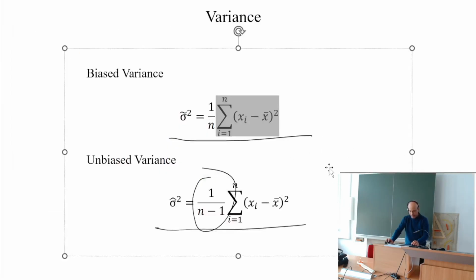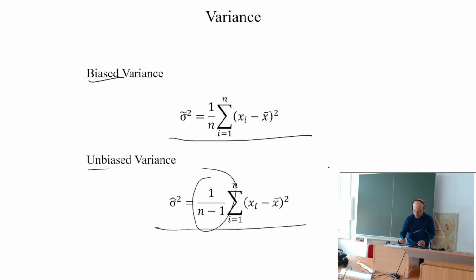So, why do we call this biased and this unbiased? Well, the reason is what we want to do. We have asked 100 people downtown Wilhelmshaven, do you like this product or not? Or how much you want to spend on this product, in order to get a number out of your questionnaire. And what you want to do, you don't want to get only the information of these 100 people.